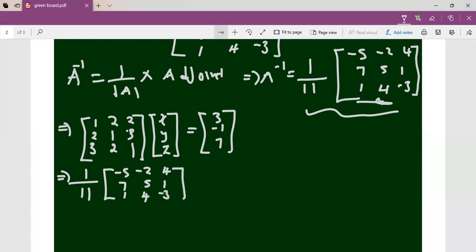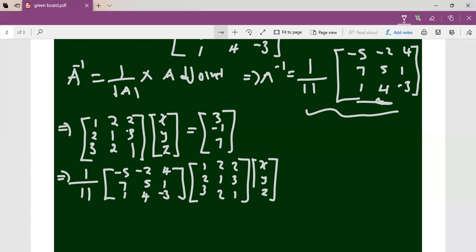On the left-hand side, we have these matrices: 1, 2, 3, 2, 1, 2, 2, 3, 1, and X, Y, and Z.